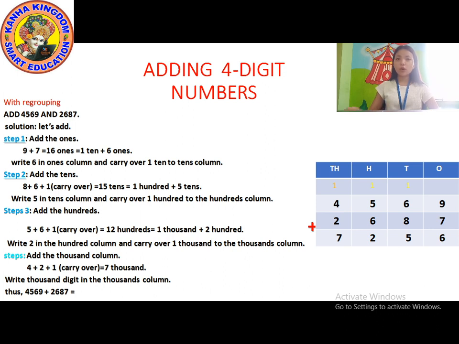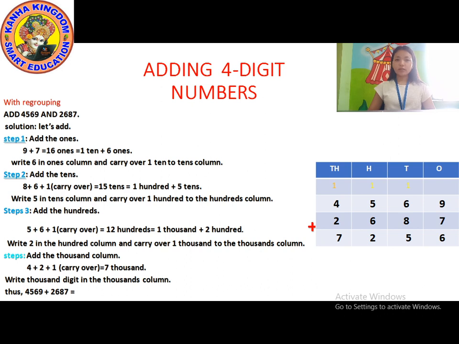Okay students, so while adding 4569 and 2687, we got how much? We got 7256, right?